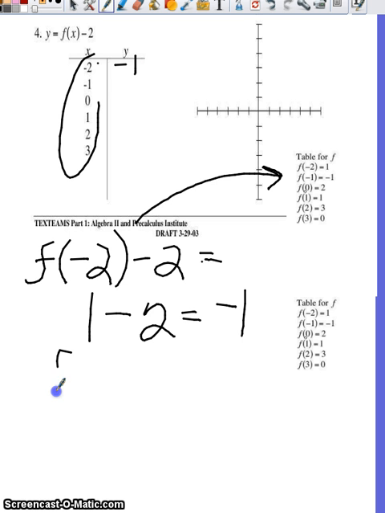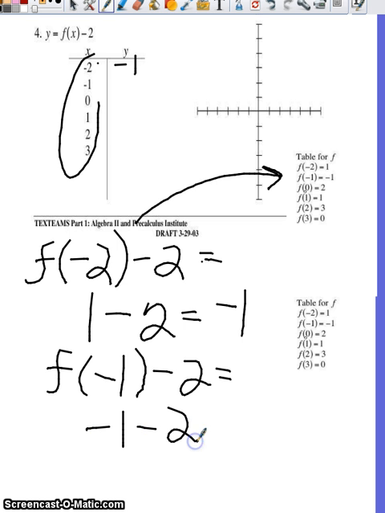The next one, f of negative 1 minus 2. At the table, it says f of negative 1 is a negative 1. So I have negative 1 minus 2 gives me a negative 3. That'll be my next point.